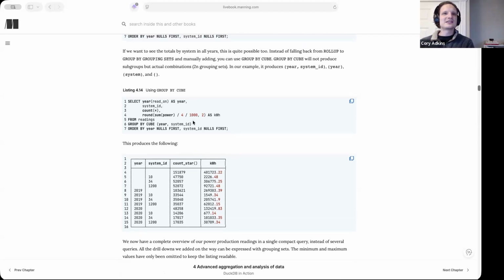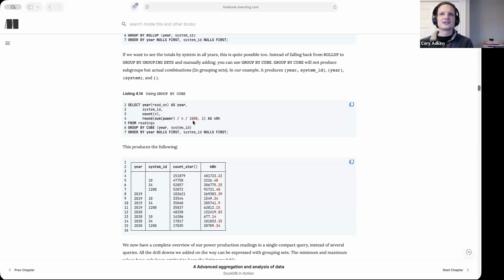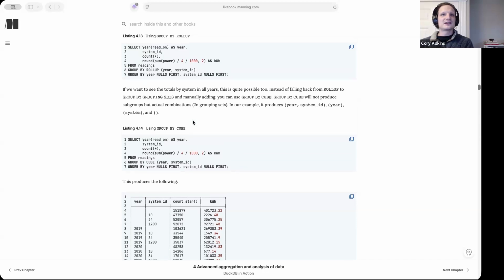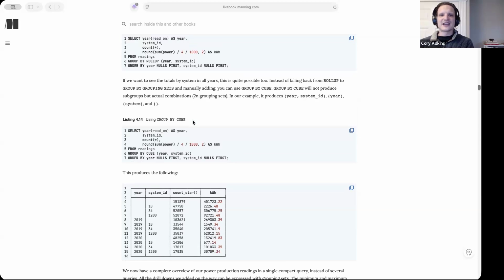So the roll up is if you have one grouping level, I believe, or one factor, however you want to think about it.